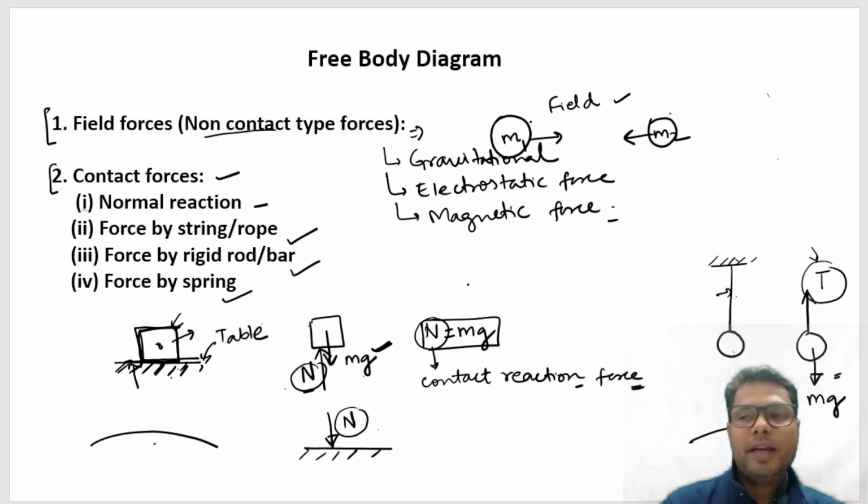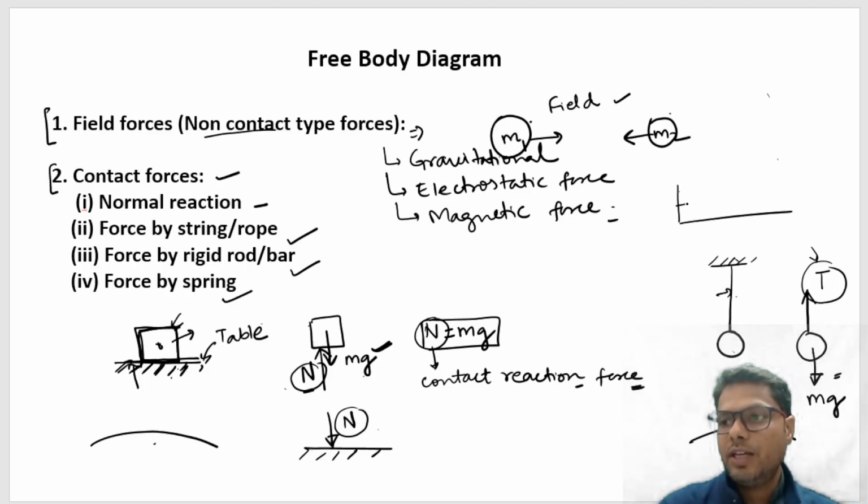The next is a spring. Spring force. If there is a spring attached to a body and you apply a force such that the spring is not in its natural length, L0 is the natural length, and by applying the force, the length of the spring is extended by delta x.